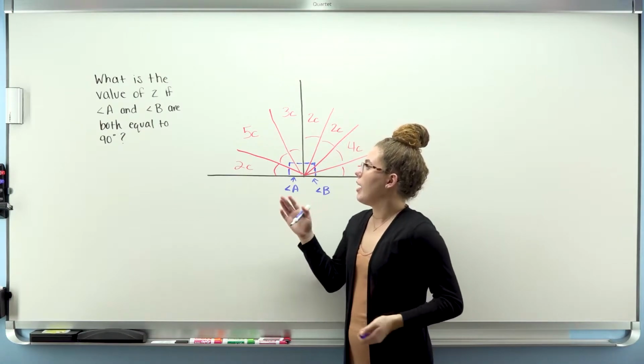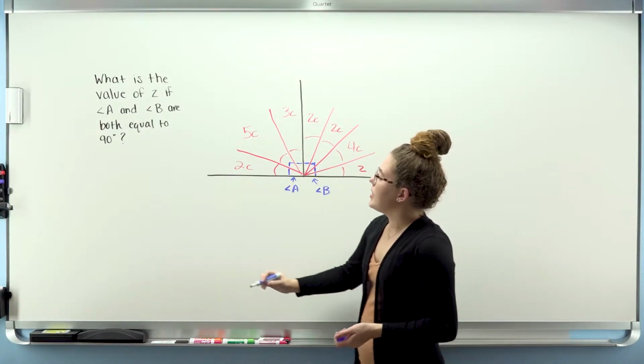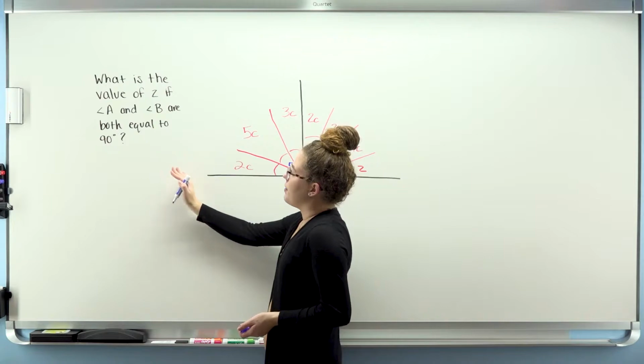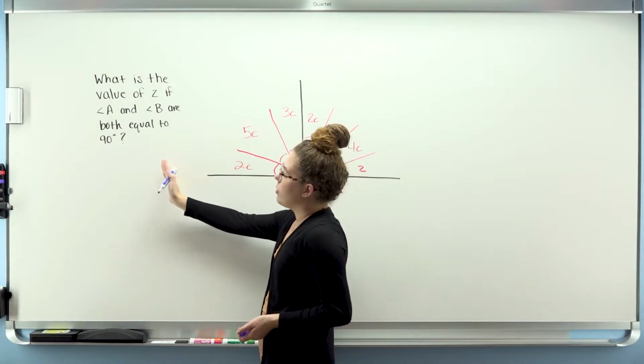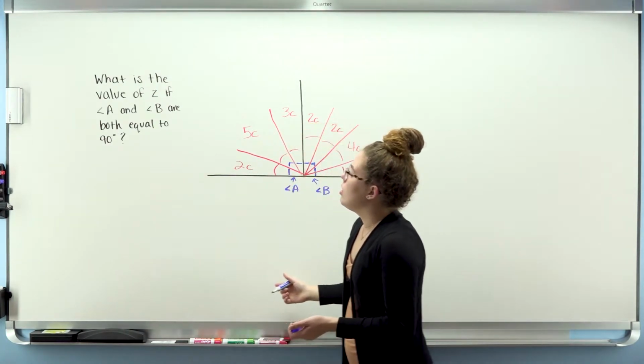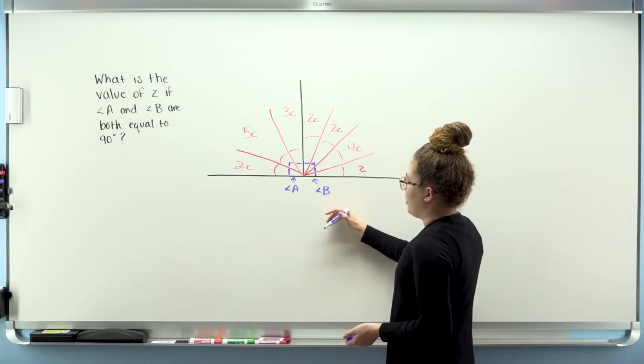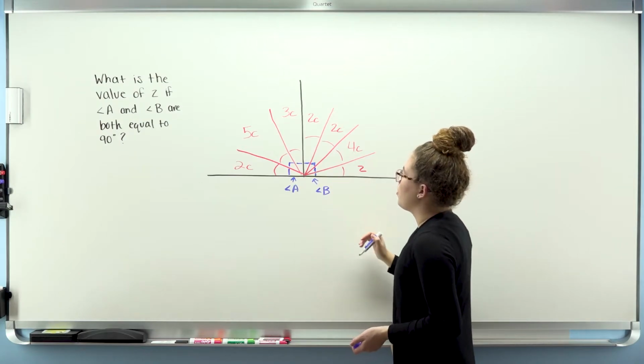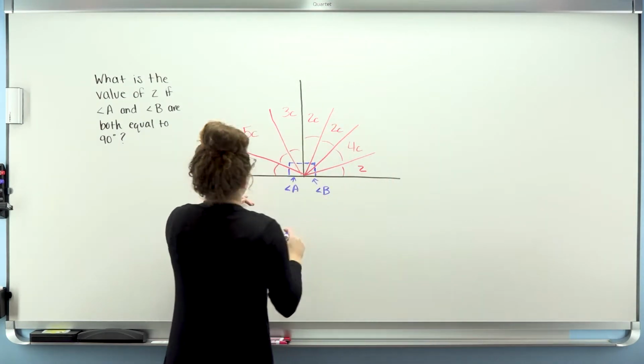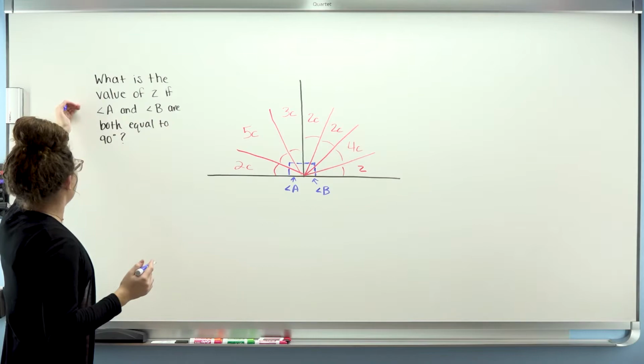Alright, and now we have our next problem. So it says, what is the value of z if angles A and B are both equal to 90 degrees? So again, we're given a diagram. We can see, again, our angles A and B are both 90 degrees. And we want the value of z, right?